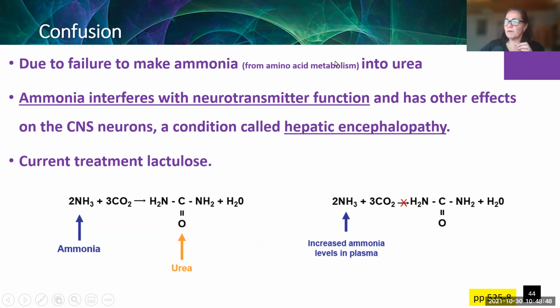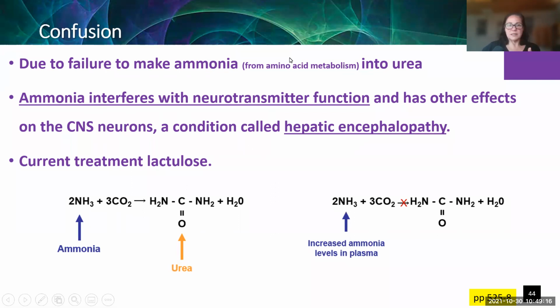If the liver is not functioning well enough to do that, then we get this buildup of ammonia. And that ammonia is really damaging to our tissues, especially in the central nervous system, where it interferes with neurotransmitter function and has some other effects. This condition where we have the elevated ammonia and the confusion is known as hepatic encephalopathy.